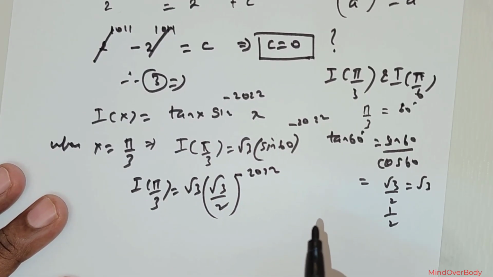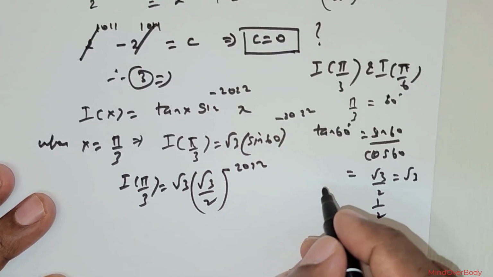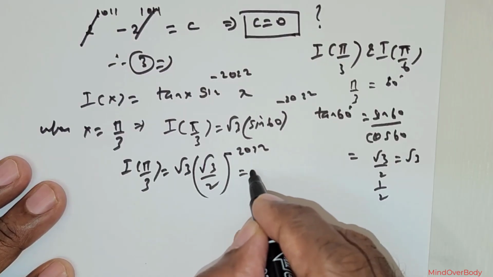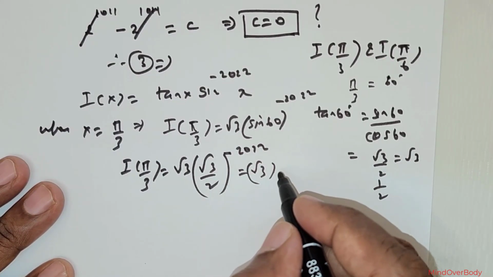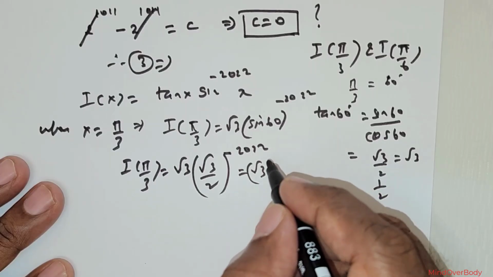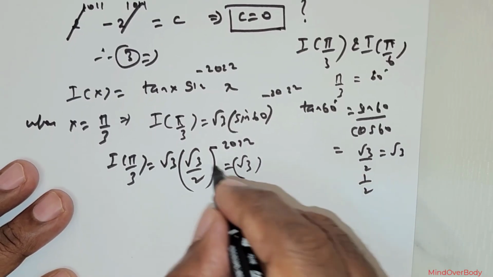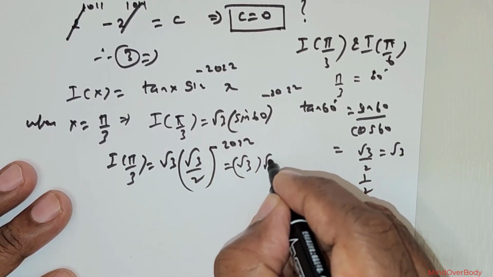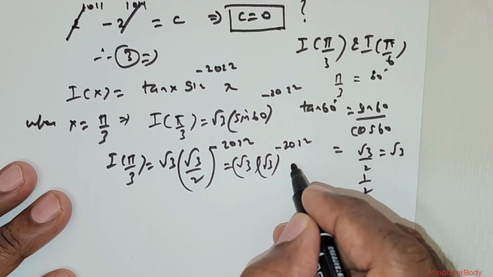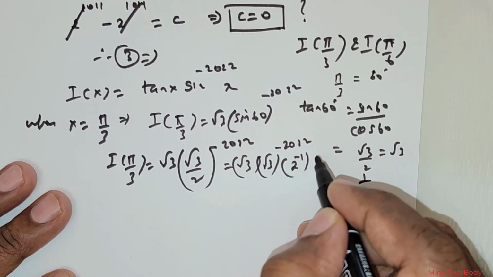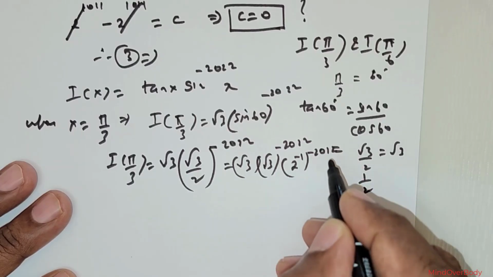Right? I hope you are following that. Now this value of 2, I can take it up to the numerator. So if I were to take it up to the numerator, I can rewrite this as root of 3 raised to the power of negative 2022 and then 2 raised to the power of negative 1, and that is in turn raised to the power of 2022. Right.